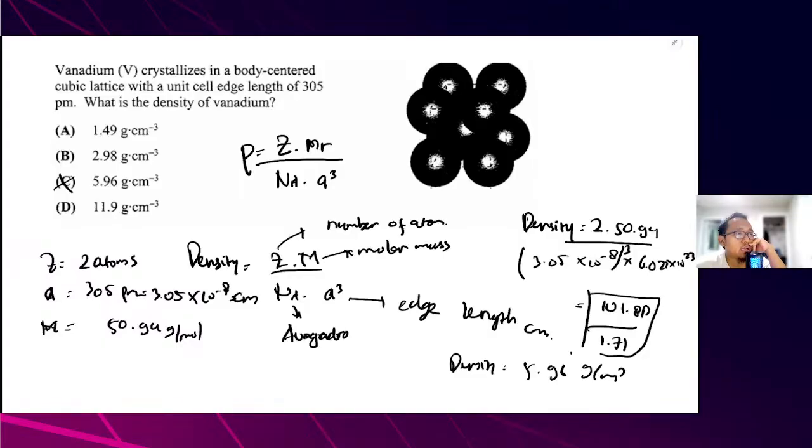So there are three common unit cell types too. For simple cubic, Z is 1. For BCC, body-centered cubic lattice, it should be 2. And then FCC, face-centered cubic, it will be 4.